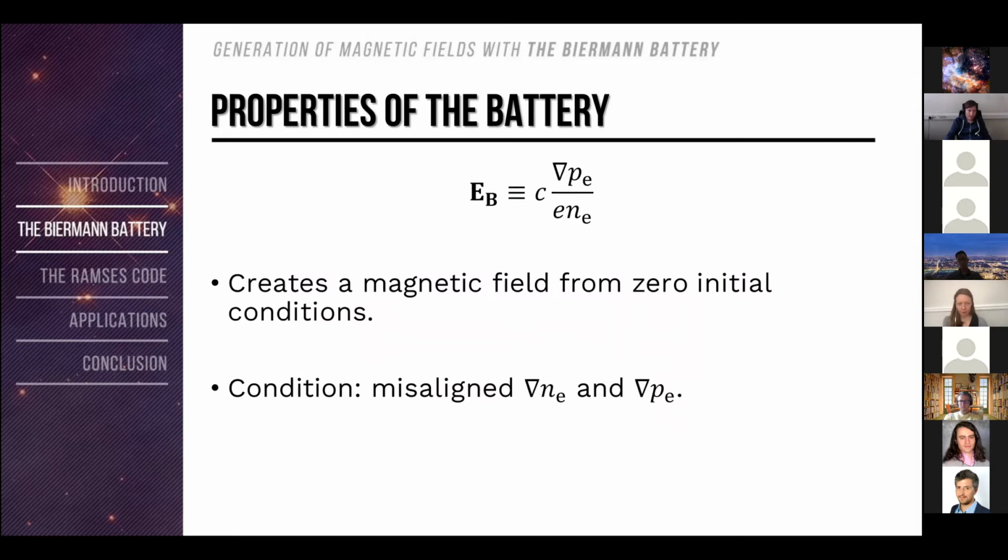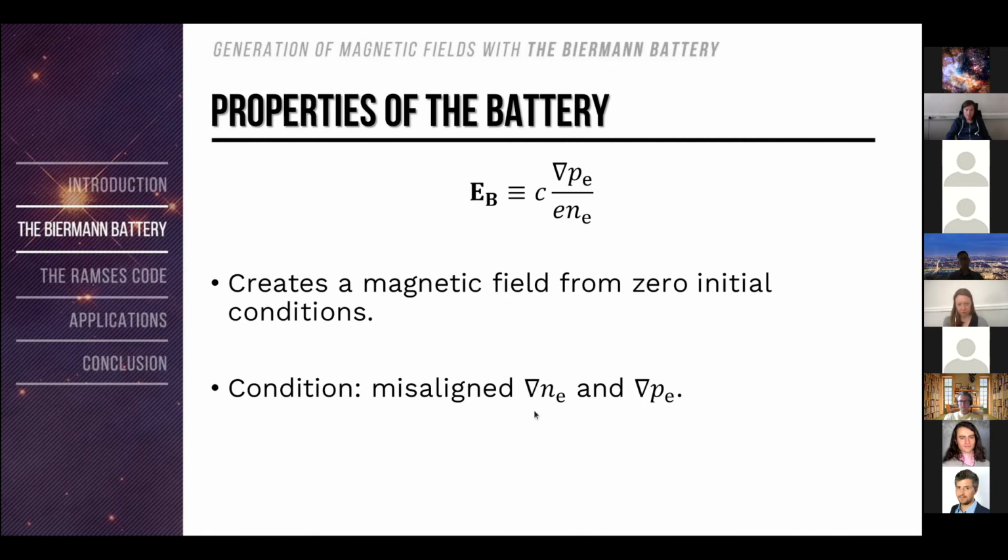This is simply due to the fact that the curl of this electromotive force is proportional to the cross product of these two gradients. And so this mechanism naturally creates the desired seed magnetic fields when only this condition is met.